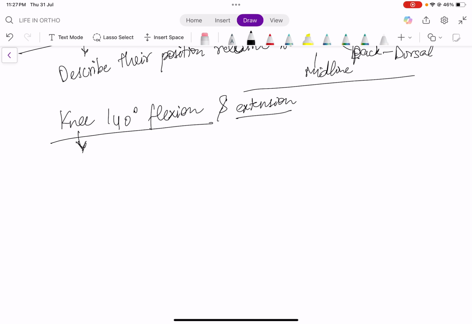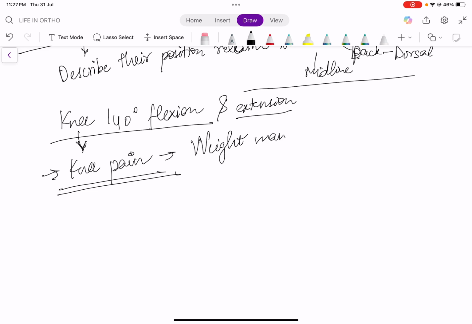One tip: your elderly people, your grandparents, will complain of knee pain, and you are not an orthopedician, so you won't be able to guide them, but I'll tell you how to guide them. Tell them, first of all, weight management, if obesity and everything is there.